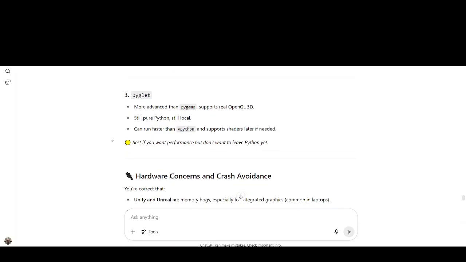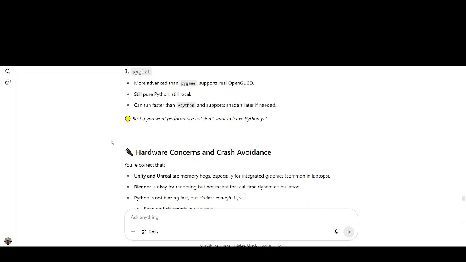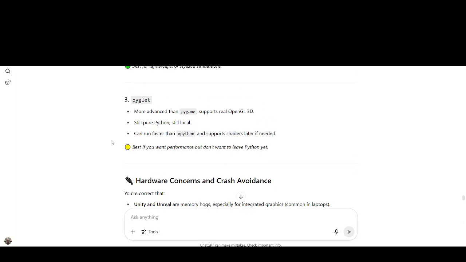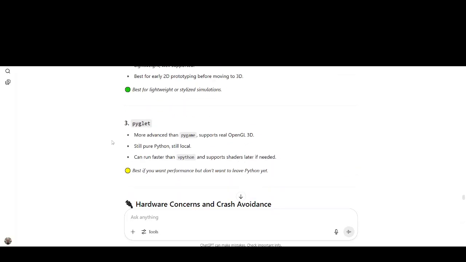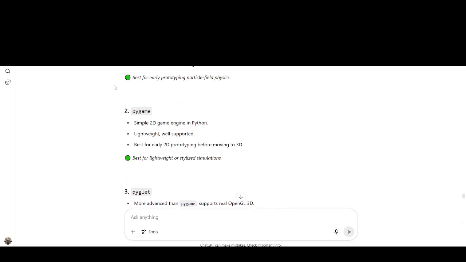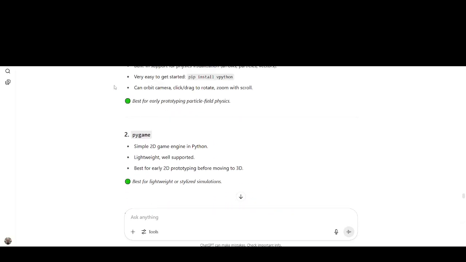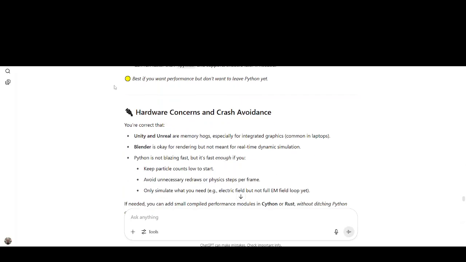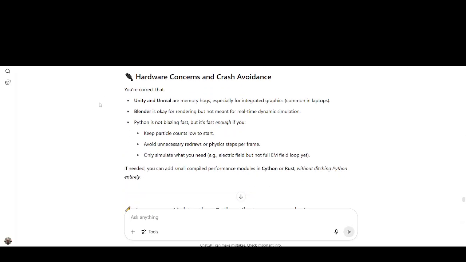More advanced than Pygame, supports real OpenGL 3D, still pure Python, still local, can run faster than VPython. Which one was VPython? Okay, that was that one. And supports shaders later if needed. So, it seems like Pyglet can do both the simulation and the camera, but okay, we'll see. Okay. Hardware concerns and crash avoidance.